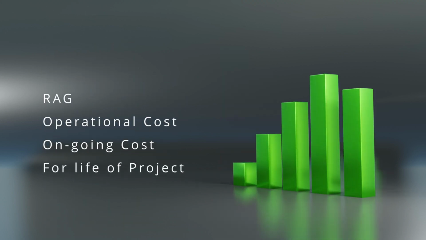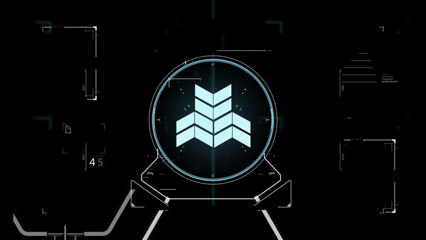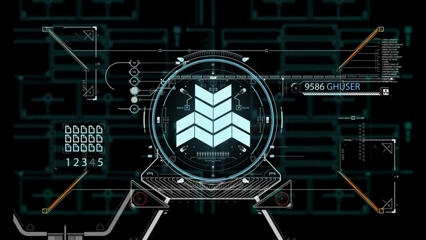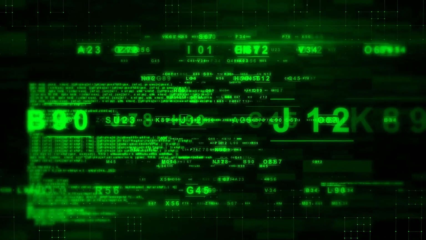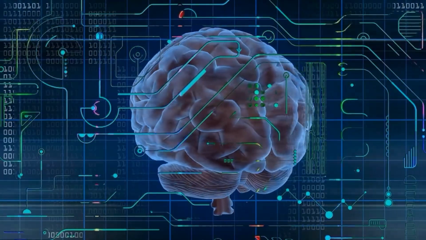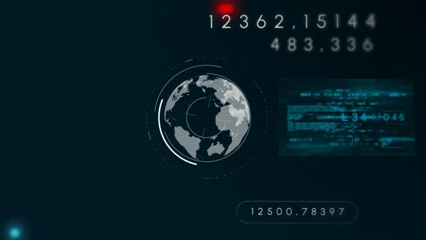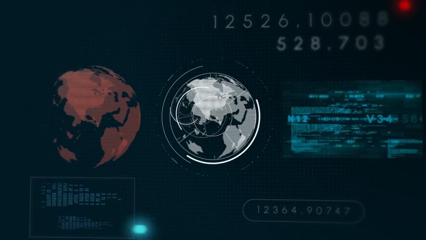And RAG would be lower upfront cost but higher cost over the life of the application because you need operational setup. Fine-tuning is good when your information updates slowly over a period of time. And RAG is good when information changes instantly, constantly keeps changing. That's where fine-tune is best for specialized tone or reasoning, and RAG where you have constantly changing info or the information that you want to bring up as part of your application should be current.